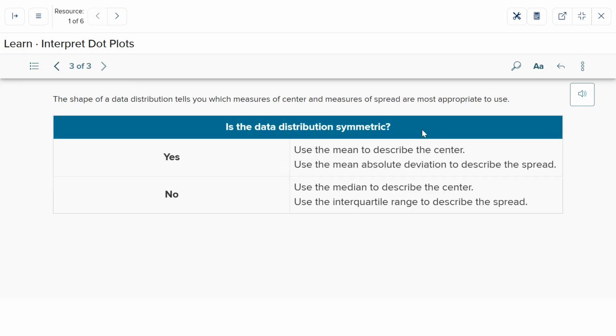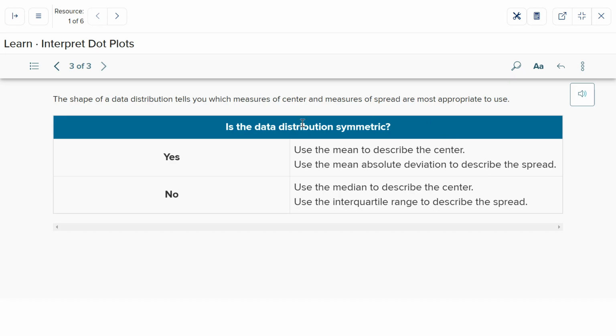The shape of the data distribution tells you which measure of center and measures of spread are most appropriate to use. This is similar to when we were looking at outliers and determining whether or not we should use the mean or the median. You can do this based on the symmetry of the data distribution as well. If the data distribution is symmetric, you should use the mean to describe the center and use the mean absolute deviation to describe the spread.